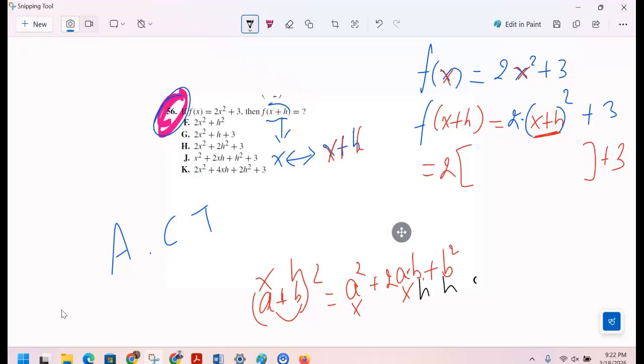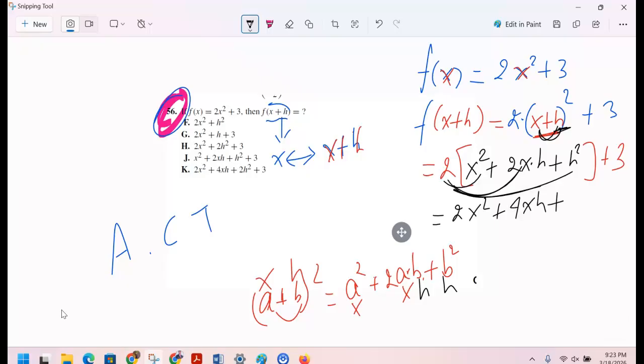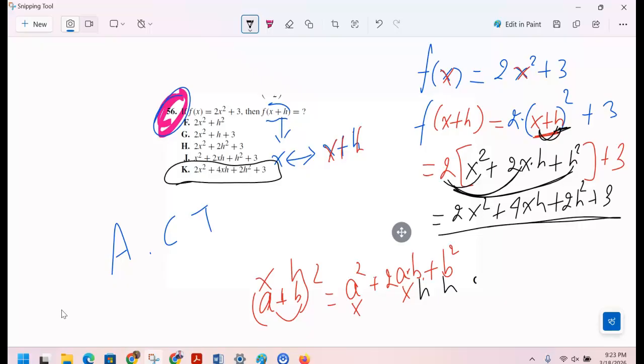So you square the first and double, multiply the two, so it means x times h and double. And then you square this, so this means h squared. Then use the distributive property, that becomes 2x squared, 2 times 2 is 4xh, plus 2h squared, and then plus 3. And look up which is the correct answer. And I think it is the last one. We are done. Hope this helps.